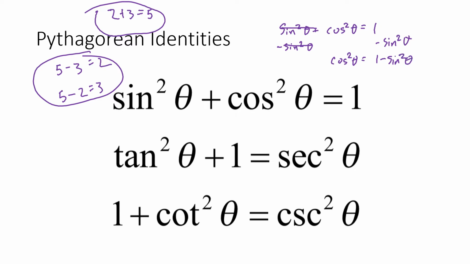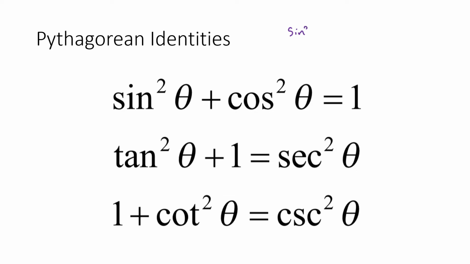Or if we did it the other way, we started with that same expression, and let's say we decide to subtract cosine squared theta from both sides. We're basically saying that sine squared theta is the same as 1 minus cosine squared theta. So remember that any of these identities can be rewritten to fit the problem.